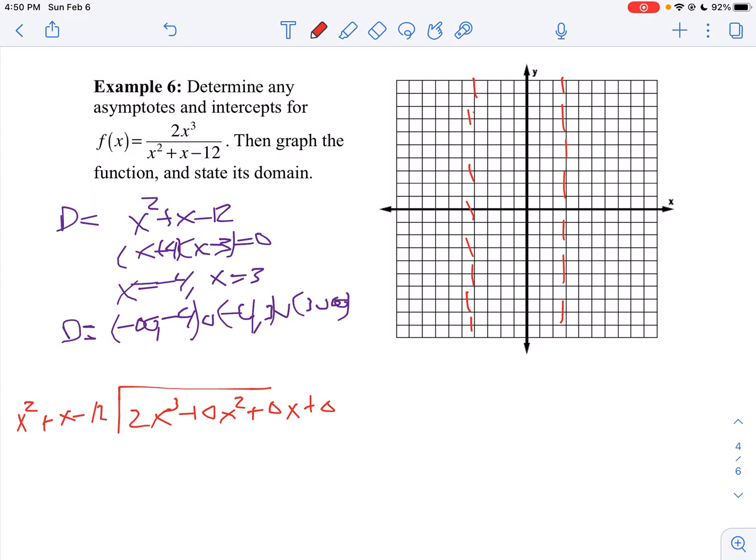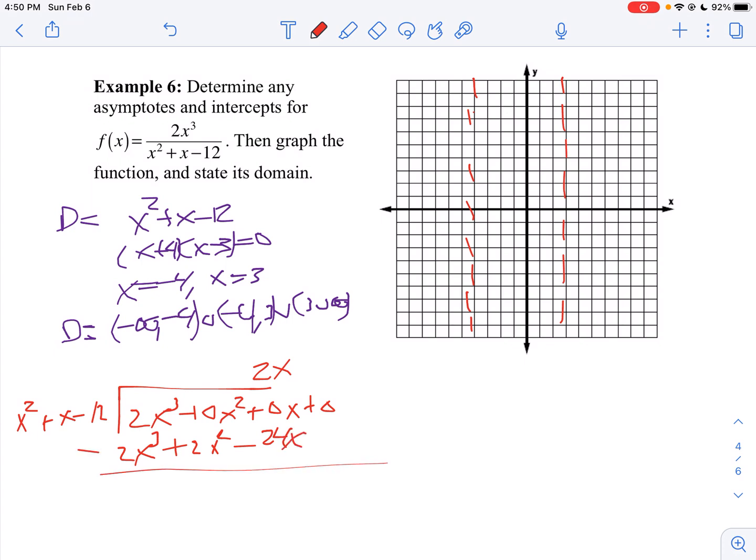Well, x times what gives me 2x cubed? Well, that would be 2x, wouldn't it? So I go 2x. So 2x times x squared is 2x cubed plus 2x squared minus 24x.